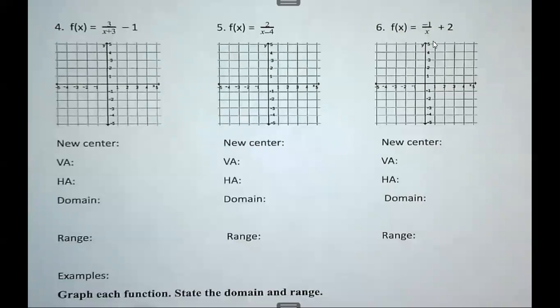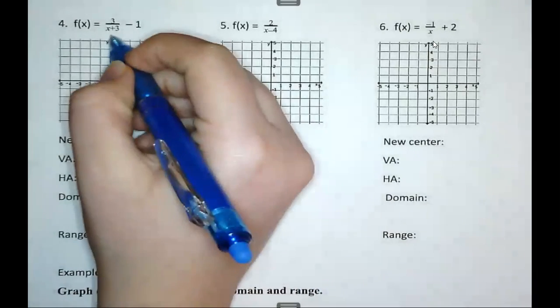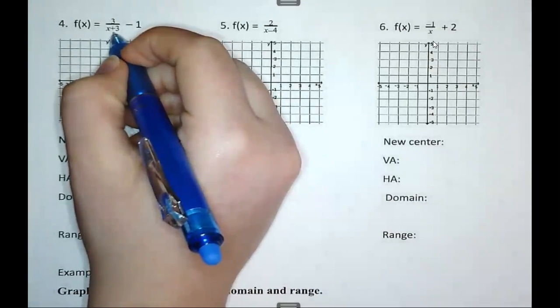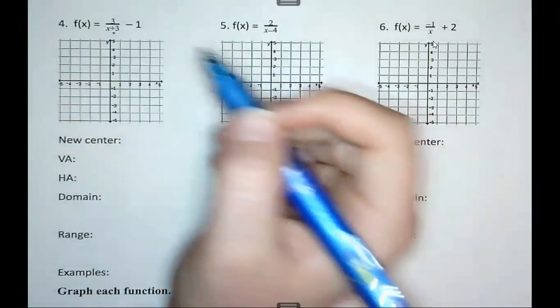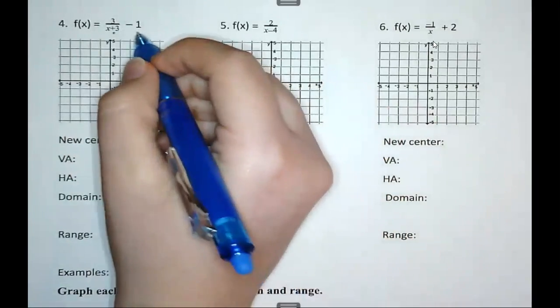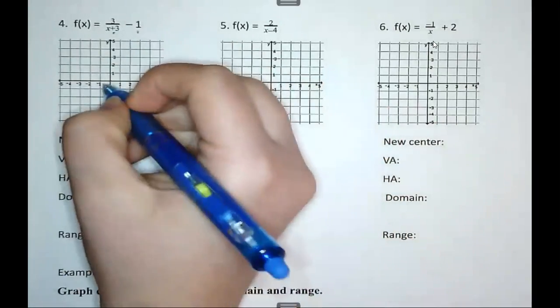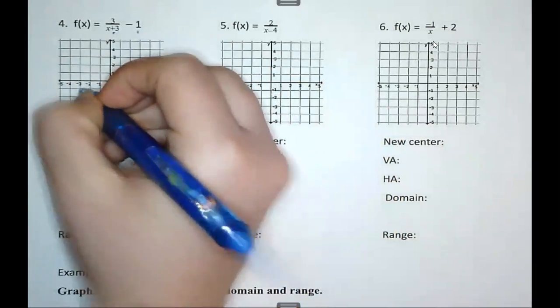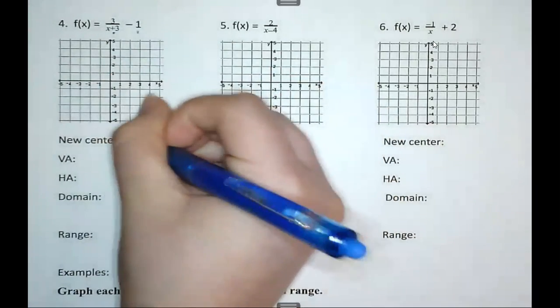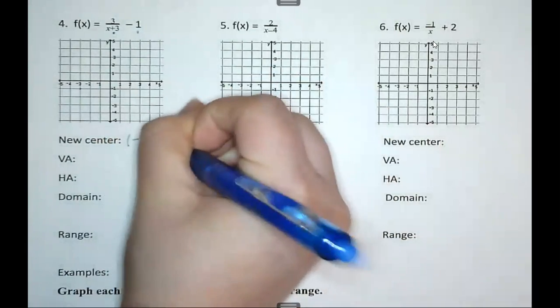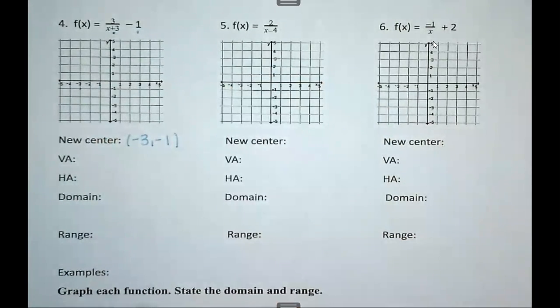Okay, next example, we have a +3 in the bottom. So remember, that really means left 3, and then we have a -1, so down 1. So left 3, down 1 is at my new center. So my new center is at -3, -1.